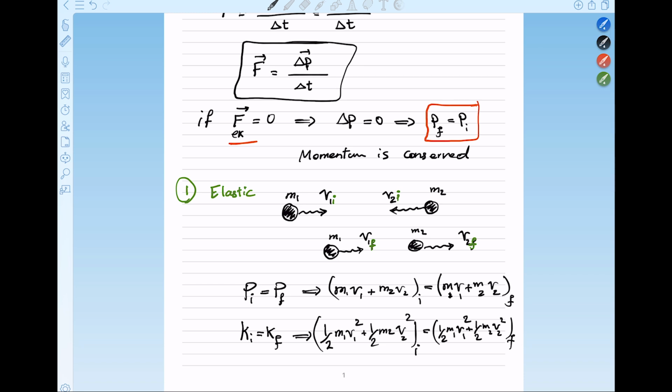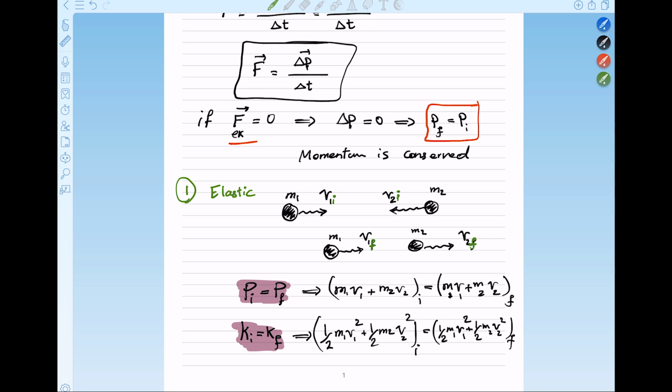So it's important to note that if two objects bounce off, they don't deform. They remain the same objects as they were before collision. Then we're dealing with elastic collisions. For elastic collisions, we have conservation of momentum and conservation of kinetic energy.